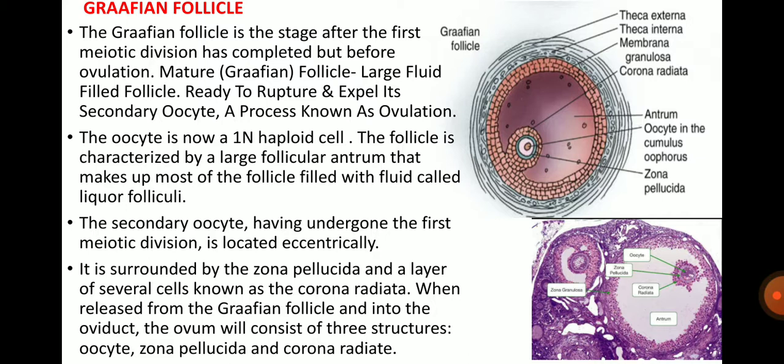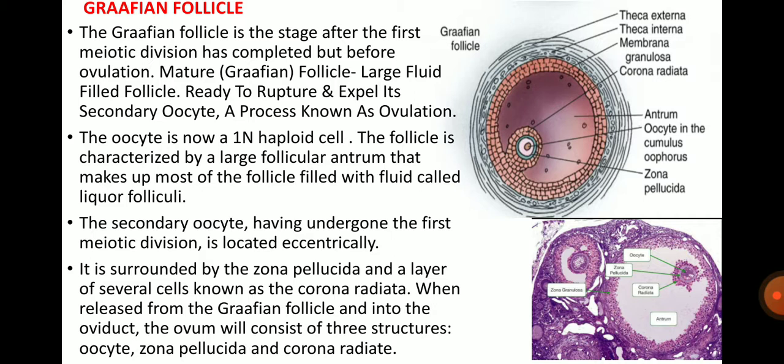The next slide will again give you the histological structure as well as the diagrammatic representation of the mature Graafian follicle, that is the ovarian follicle, which is the stage after the first meiotic division has completed but before ovulation. So the follicle is a large fluid filled follicle, and it is ready to rupture and expel its secondary oocyte, by a process which is known as ovulation.